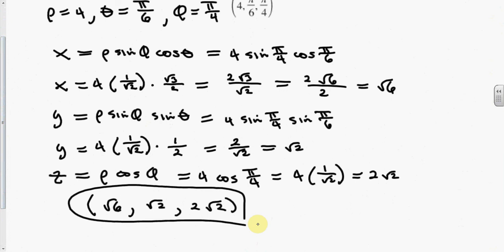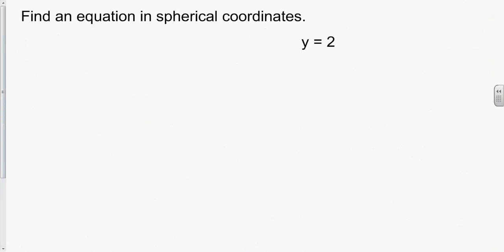Well, if you think you got it, let me give you one. See how you do. Can't get no easier than that, right? So here, find the equation in spherical coordinates of the one given in rectangular. What's its spherical form?